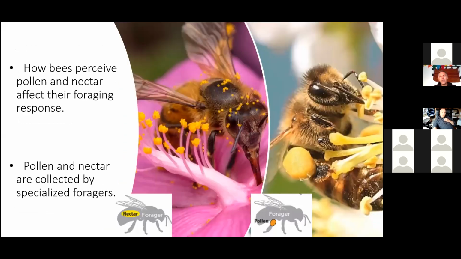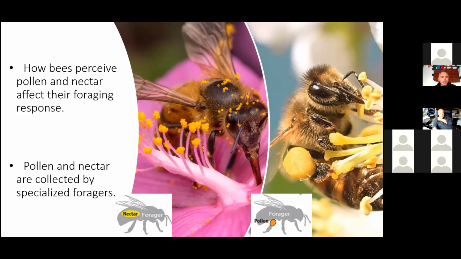In the foraging context, as you might imagine, nectar and pollen stimuli are very relevant for the behavioral response. Pollen and nectar are the two main food sources for honeybee colonies, nectar providing energy, carbohydrate, while pollen provides lipids, minerals, but mainly proteins.